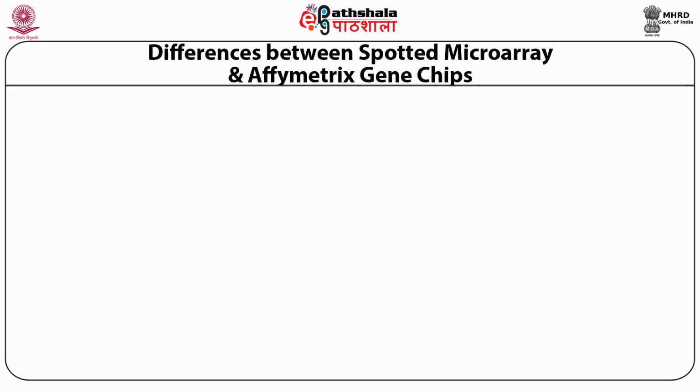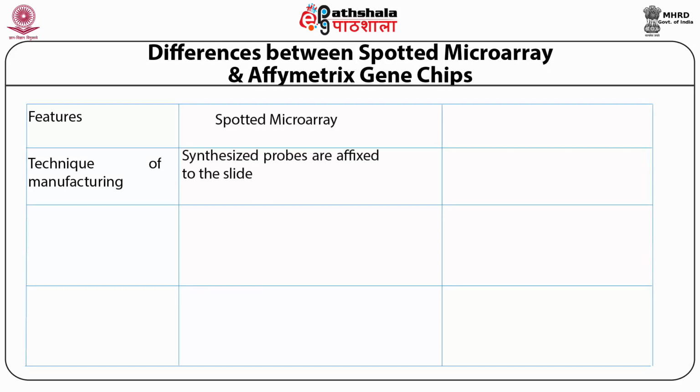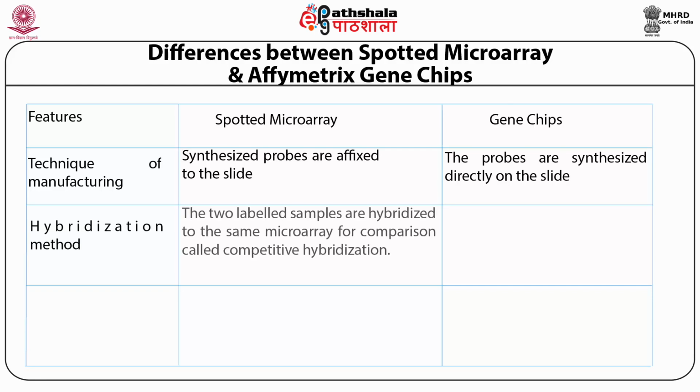Differences between spotted microarray and Affymetrix GeneChips. If we consider features like the technique of manufacturing, we see that in the case of spotted microarrays, the synthesized probes are fixed to the slide, whereas in the case of GeneChips, the probes are synthesized directly on the slide. In terms of hybridization method, the two labeled samples are hybridized to the same microarray for comparison, called competitive hybridization, in the case of spotted microarrays, whereas only one labeled sample can be hybridized to each chip in the case of the GeneChips.